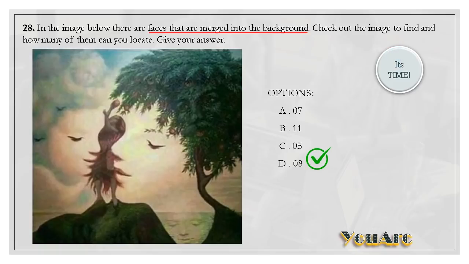So your answer is right. I'll show you how. Can you see one face here? One. For the second face I'm going to show the side face of a girl. Can you see the eyes here? So it is two. Can you see another face here?